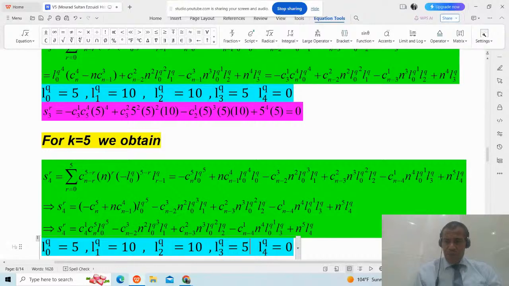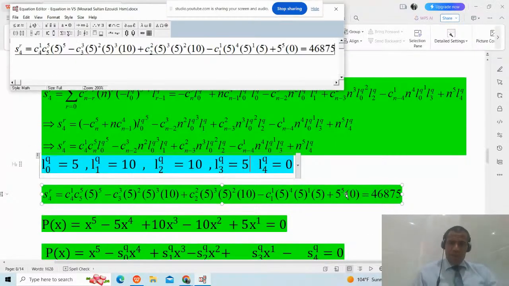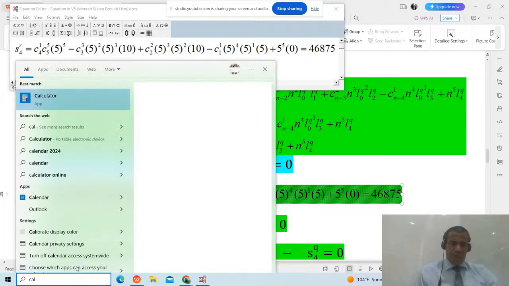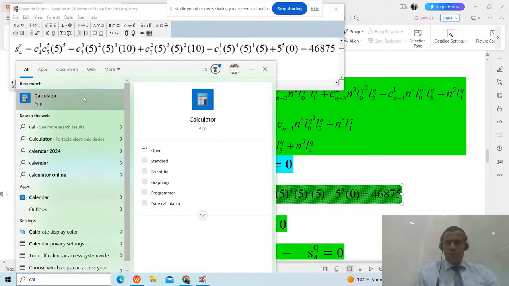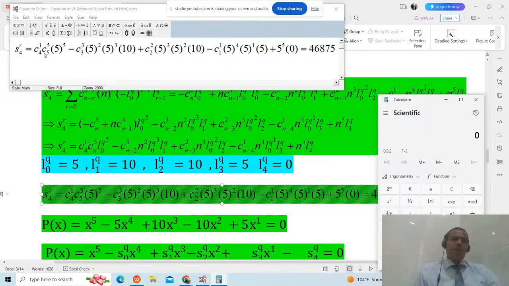Now let's check again the calculation of this. I will use the calculator. We have 4 times 500. You can see that 5 to the power 5 is a repeated common factor, put outside the brackets. So 5 to the power 5.